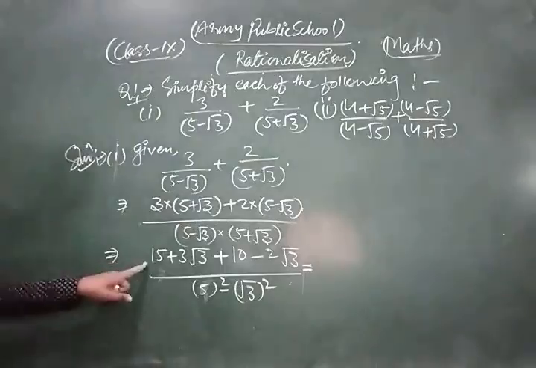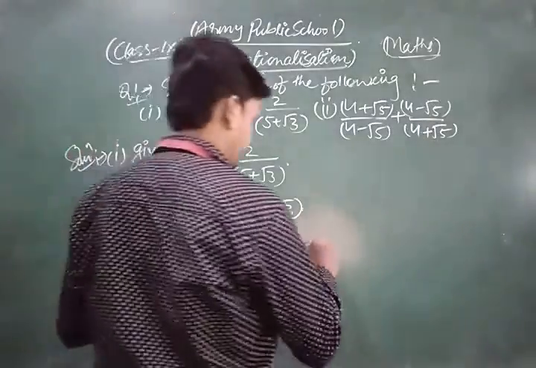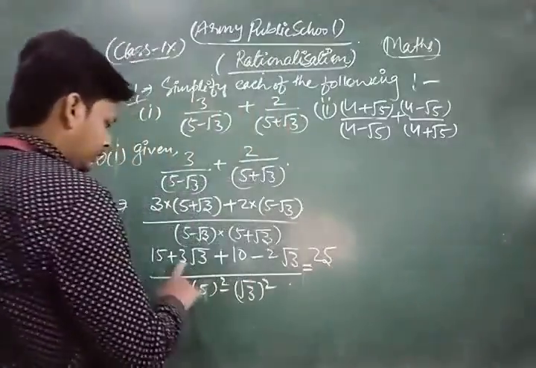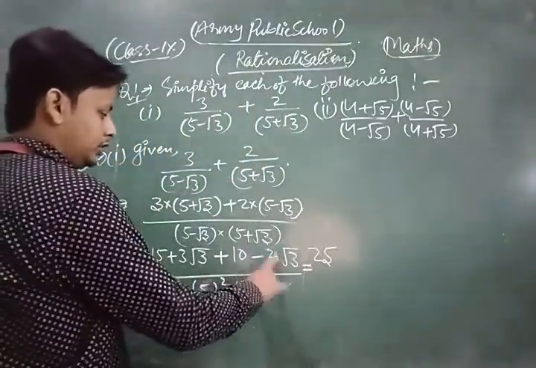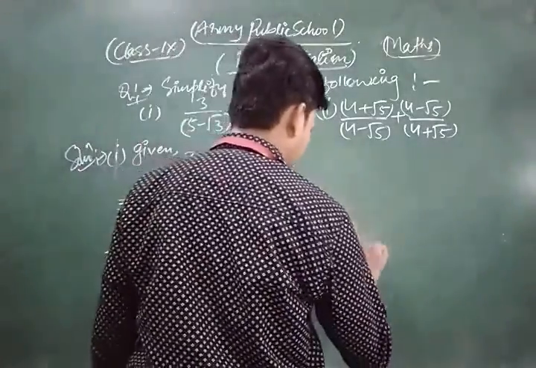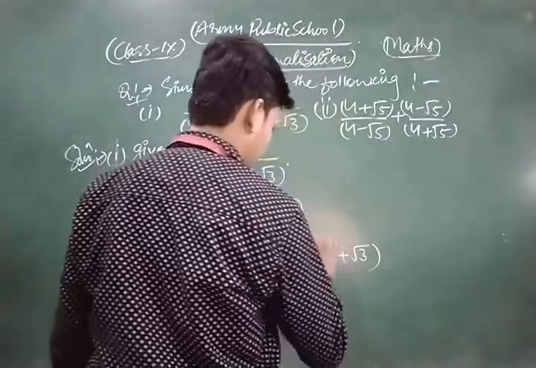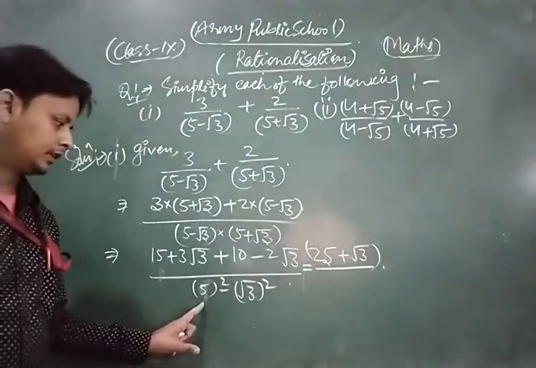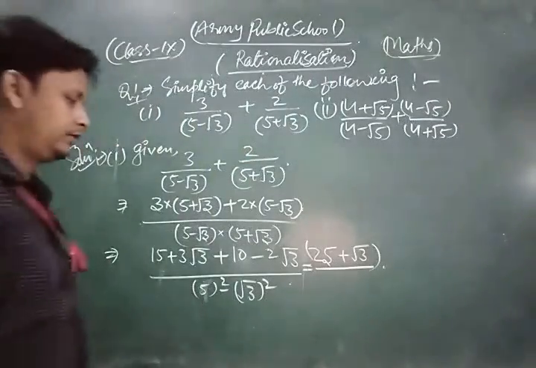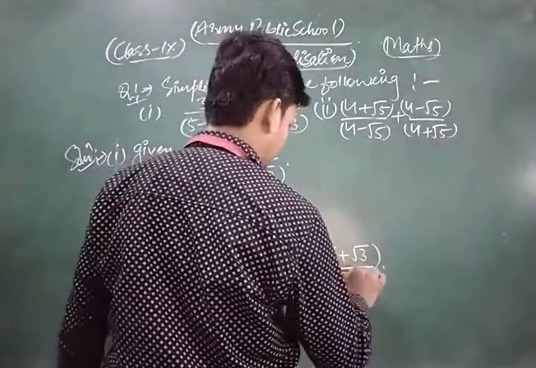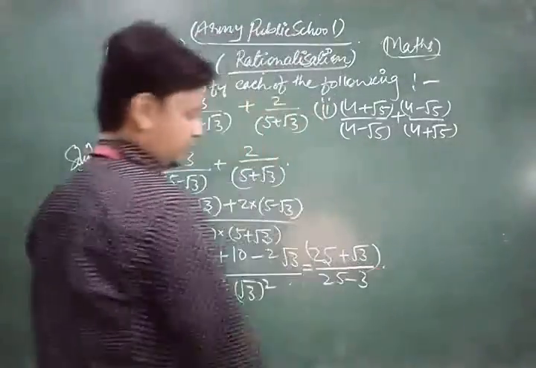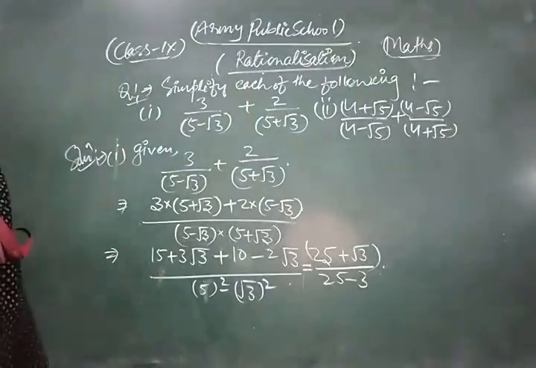Now look, 15 plus 10 is 25. Now 3 root 3 minus 2 root 3 is plus 1 root 3, upon 5 square, which is 25, minus root 3 square, which is just 3.